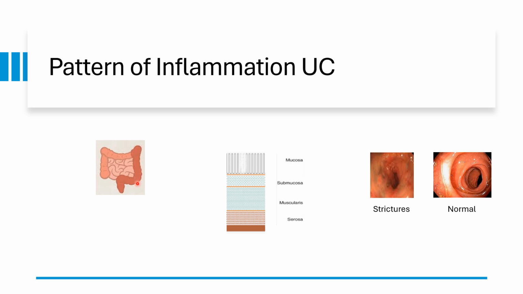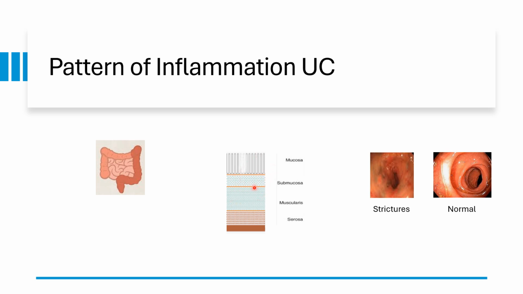So that's one of the differences between ulcerative colitis and Crohn's disease. Crohn's disease involves the digestive system from mouth to anus, but in ulcerative colitis, we see it's only in the colon, and it's mainly in the rectum area. And another difference is that in ulcerative colitis, mainly the mucosa or submucosa will get involved.